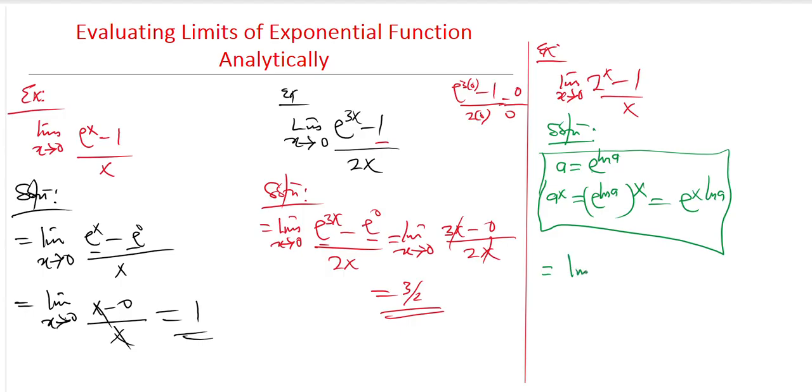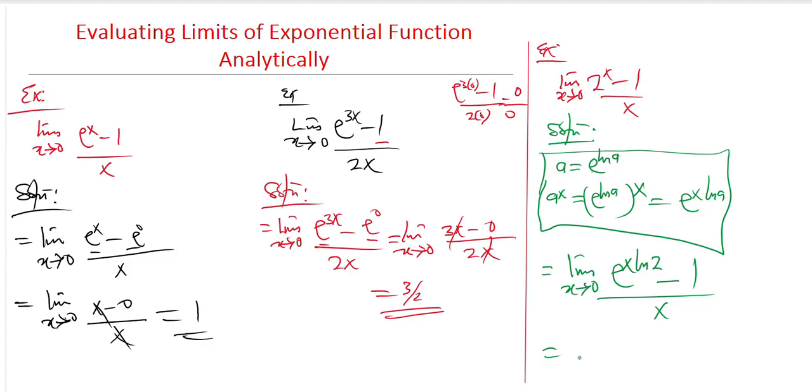So we have the limit as x approaches 0 of e to the power of x ln 2 minus 1, let's take it one step at a time, all over x.